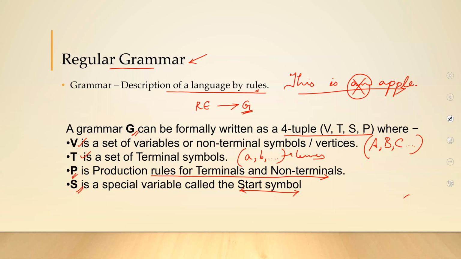So, in short, regular grammar is a four tuple where you will be having vertices, which are denoted usually by capital letters. You will have terminals, which are denoted by small letters. You will even have rules, or you say production rules, P, and then you will even have a start symbol called S. Now, we'll see all this with the help of an example.